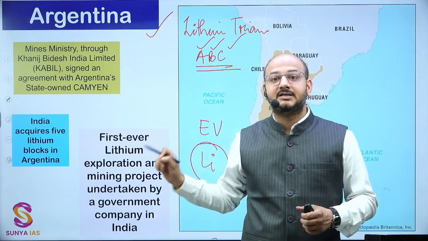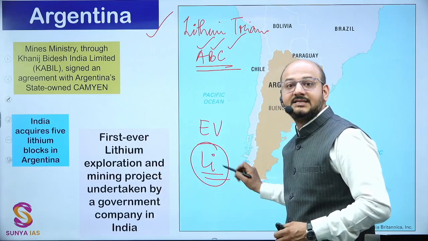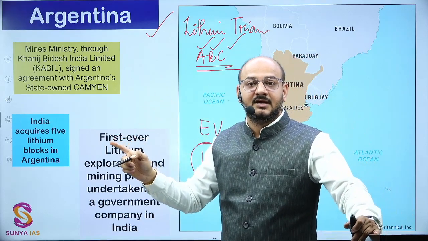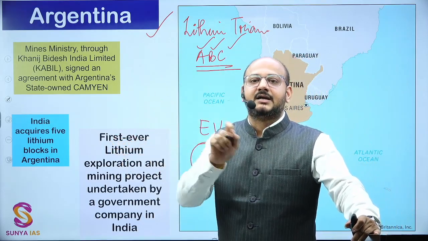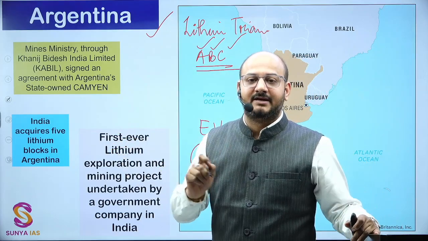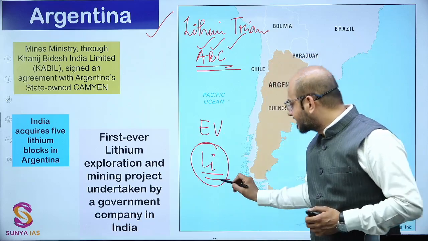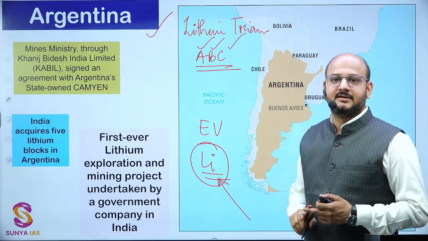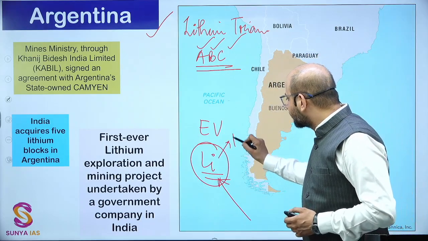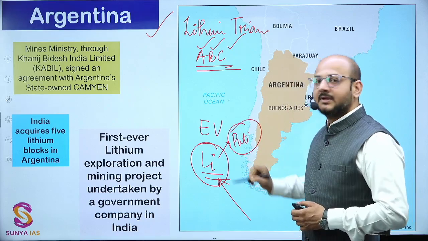For this, we have removed lithium from the list of atomic minerals, as we have discussed in polity also, so that mining rights and leasing rights could be given to private players as well. Earlier only state agencies could mine it, now we can give it to private players also for mining.